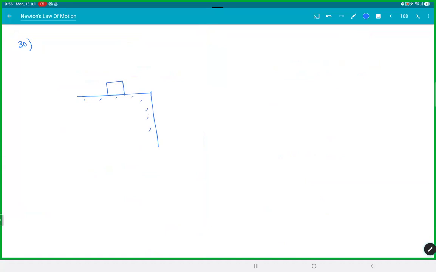We got a block here of mass 2m. This is connected to a pulley. Mass m, and this is theta. Smooth. Find the acceleration of the blocks at this instant. Initially, blocks are at rest, so you're holding them.